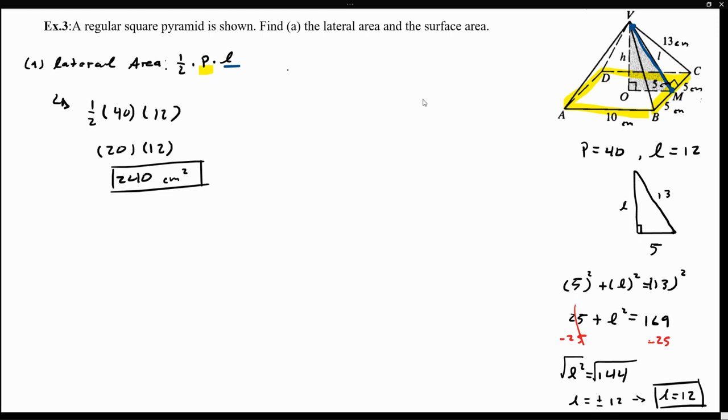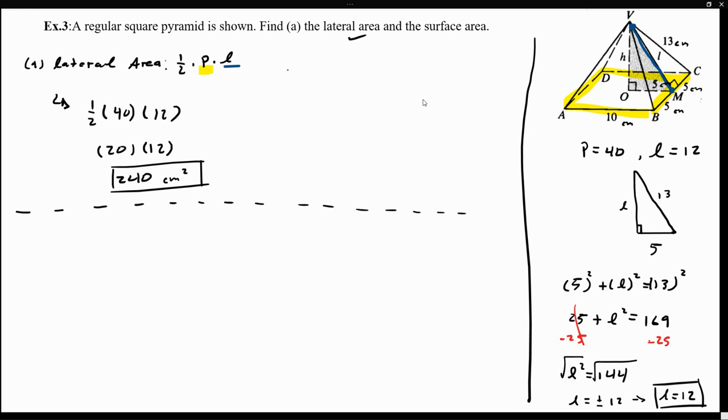So now we know how to find the lateral area, and at least we're halfway done. Now what we want to do is find the surface area. But recall that the surface area is equivalent to the lateral area plus the area of the base.